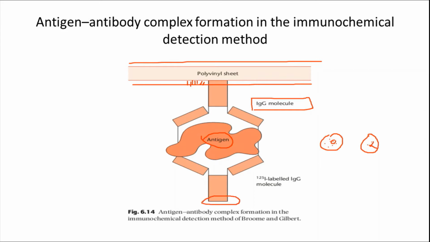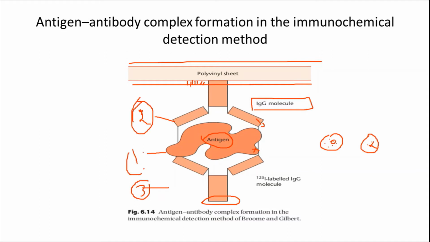The secondary antibody binds only to the primary antibody, not to the protein. So this is 1, this is 2, this is 3. For 3, 2 is the antigen. For 2, 1 is the antigen.